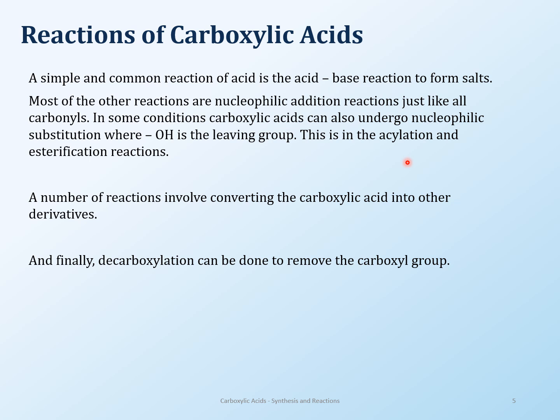You're just adding on things, just like we've done with carbonyls before. Then we are going to do a lot of interconversions. Remember derivatives, which means that you convert carboxylic acid into any other derivative possible. And then there's one more reaction to cover, which is decarboxylation.